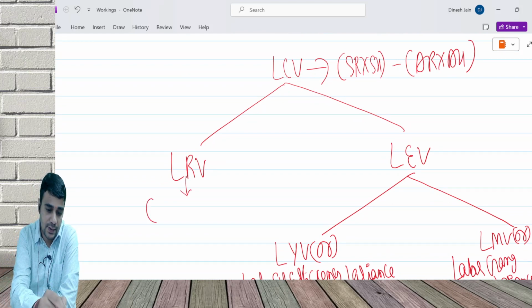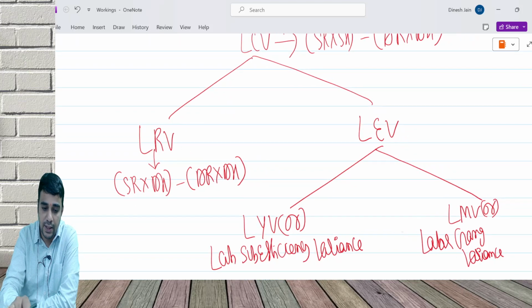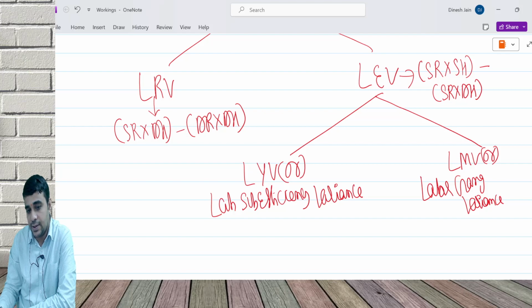Rate variance is SR into AH minus AR into AH. Efficiency is SR into SH minus SR into AH.